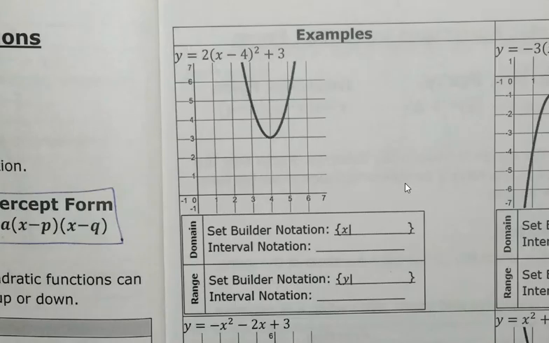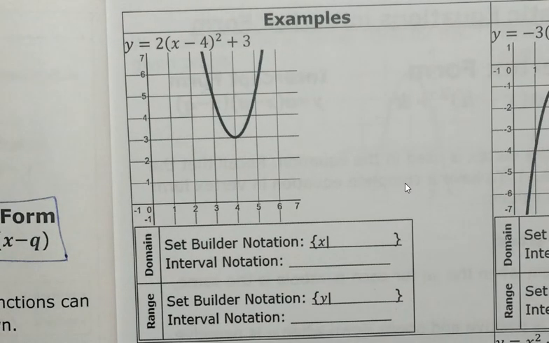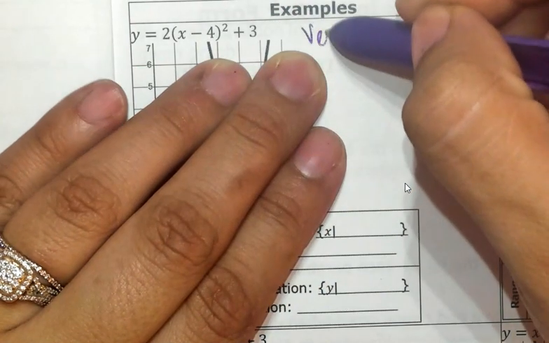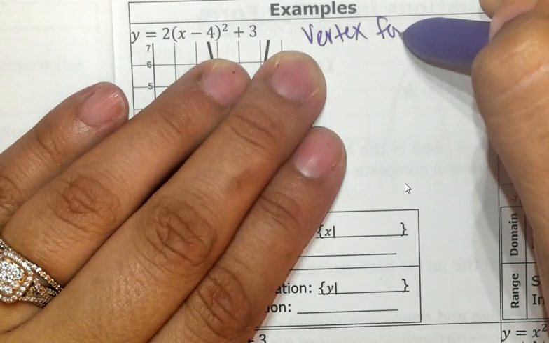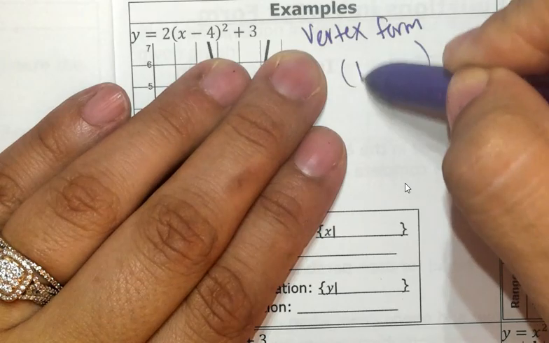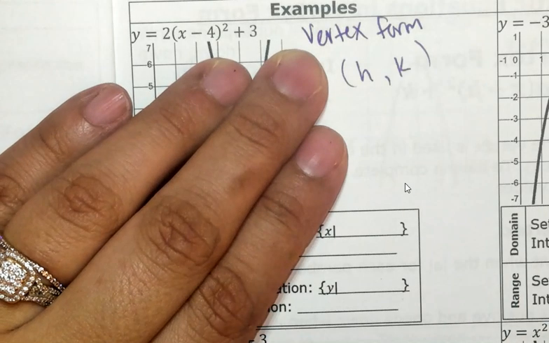All right, so we're going to go over these problems right here. This graph is already graphed for you, so you can just analyze it by looking at it. You can also identify, even if the graph wasn't given, that this is in vertex form. And when you have the vertex form, you can identify the vertex by the letters h and k.